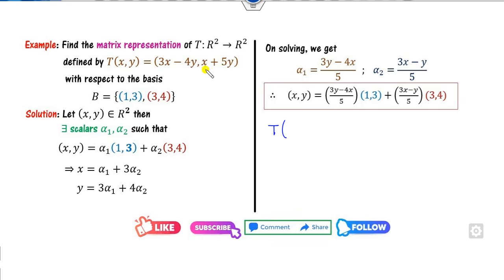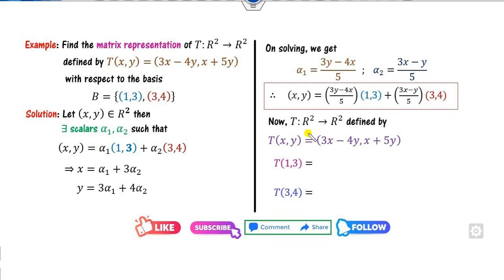Now based on this transformation, find the values at 1, 3 and 3, 4. What is the value at 1, 3? It is 3 minus 12, so that's minus 9. 1 plus 15, that is 16. And similarly for the second. Substitute this value of x and this value of y in this expression.